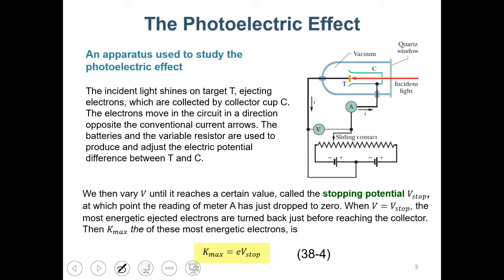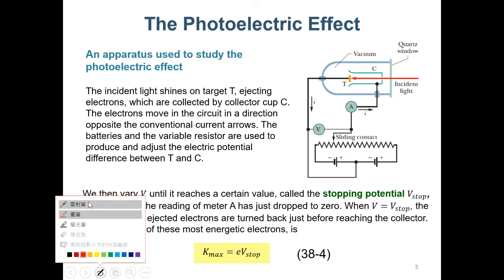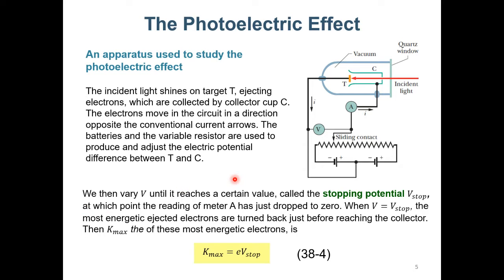Okay, so next we talk about the photoelectric effect. This figure shows the apparatus used to study the photoelectric effect. It looks a little bit complicated, but you can just ignore this part, because this part is just to generate a voltage between this point and this point.